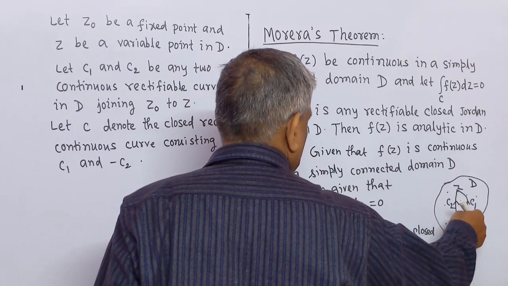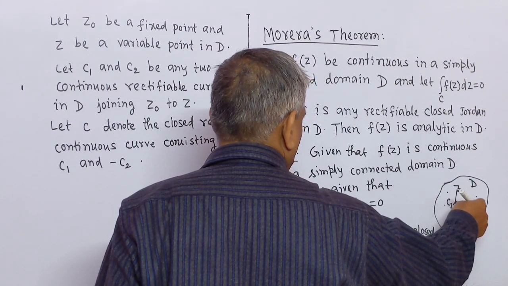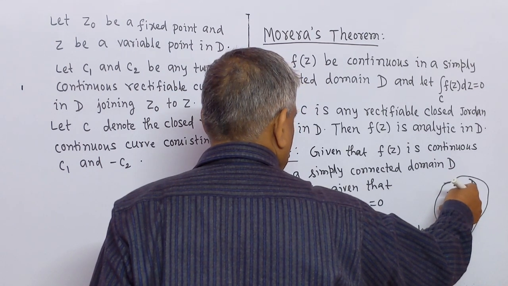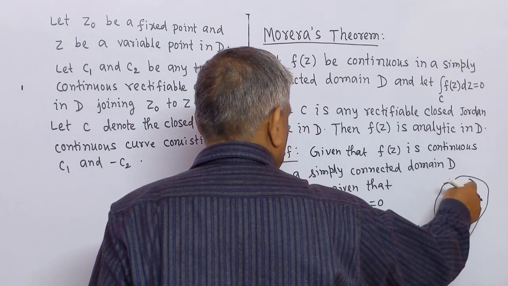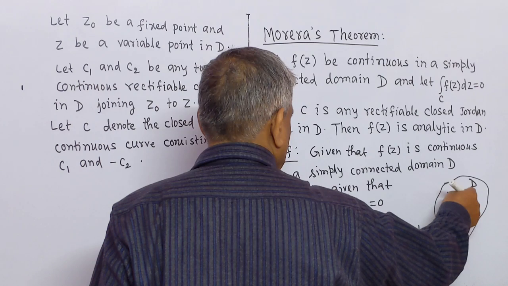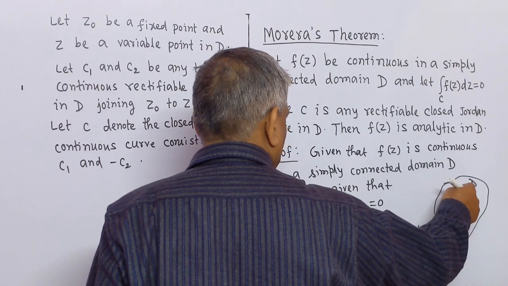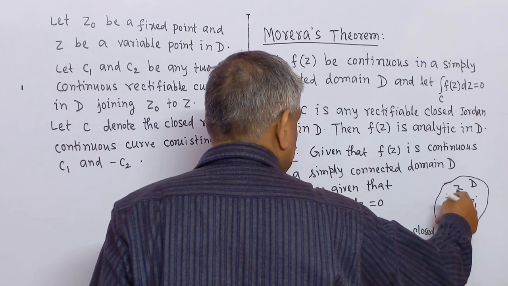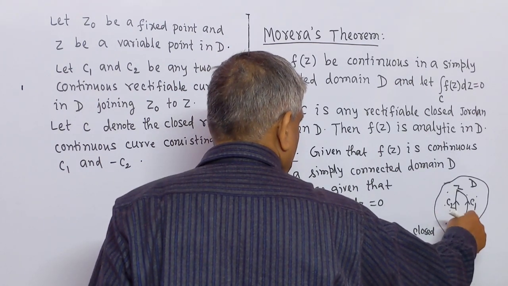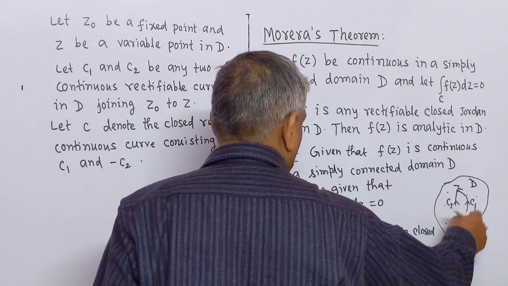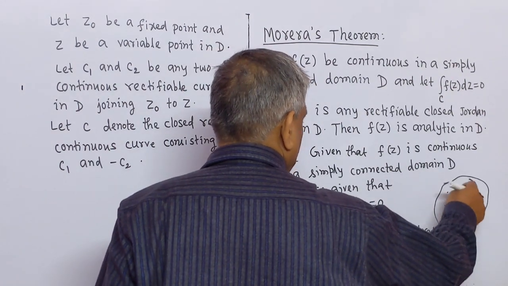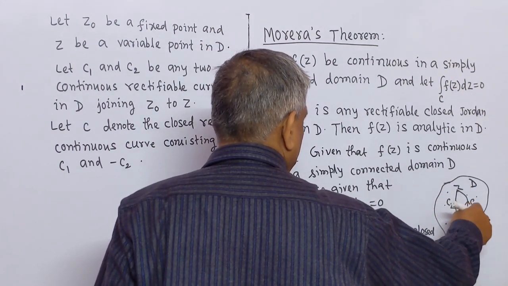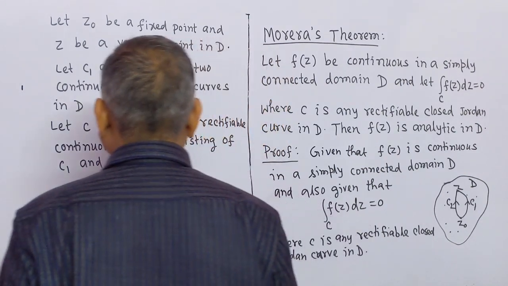If we start from Z0 along C1 and reach point Z, then from point Z in the negative direction of C2 we reach Z0. This closed curve is denoted by C.